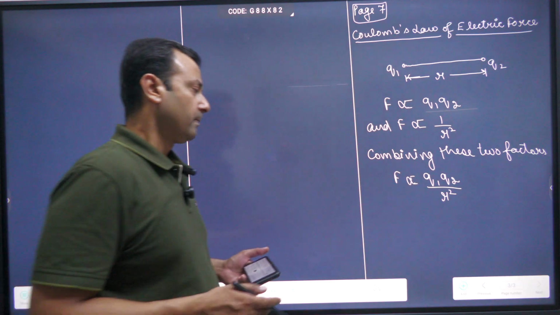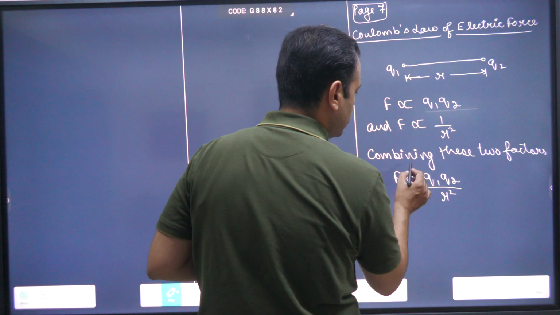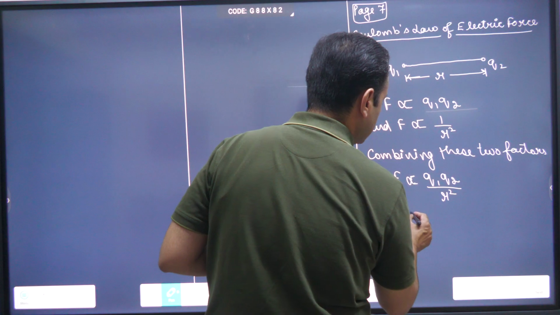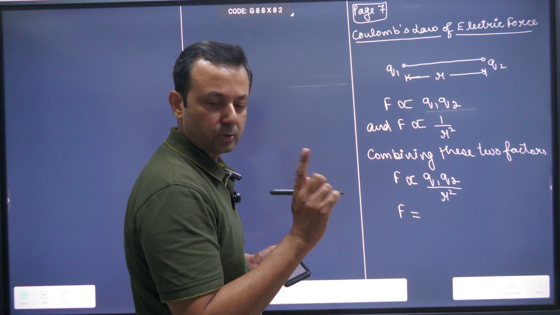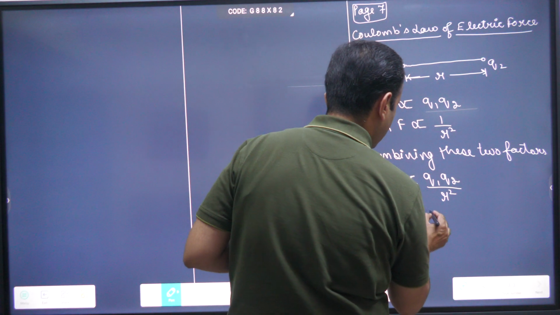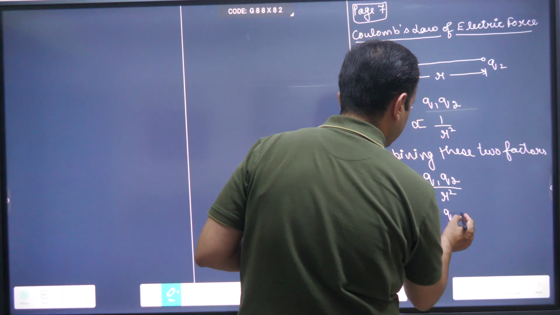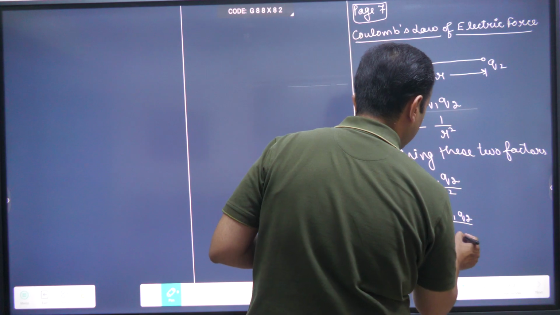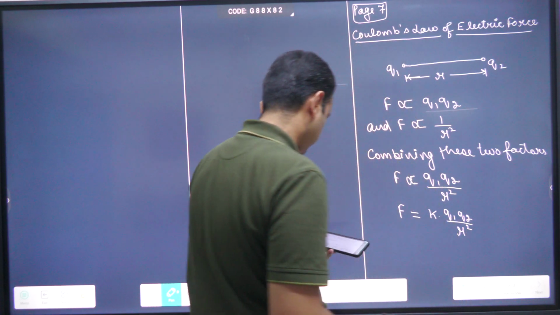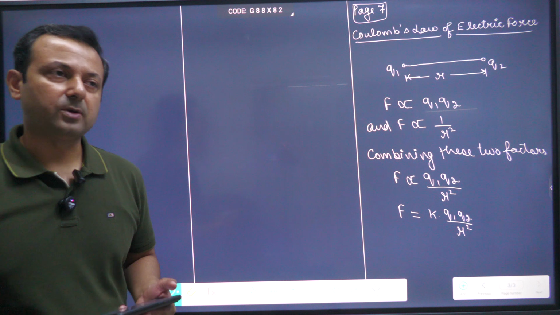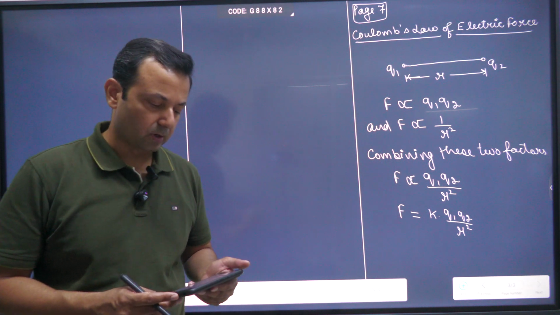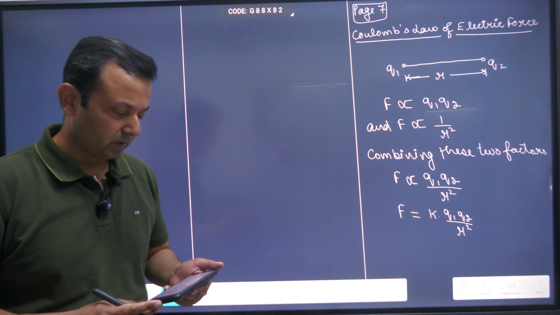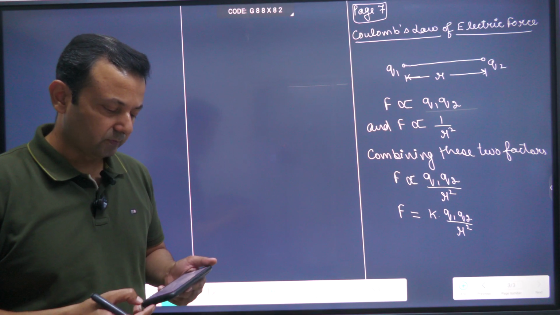Now, to remove this proportionality sign and insert an equality sign, we always put a proportionality constant here. So F is equal to K Q1 Q2 upon R square, where K is a constant of proportionality called the electrostatic force constant for the two charges located in free space.